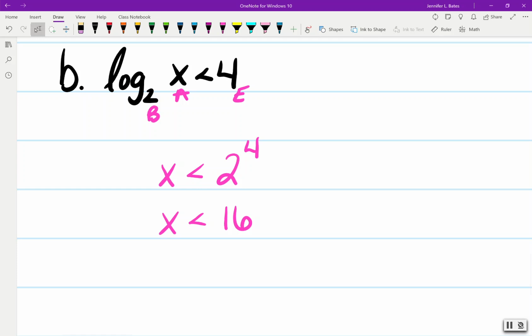Numbers less than 16. Is 0 a number that's less than 16? Yeah. Are negative numbers less than 16? Yeah. Is my argument allowed to be 0? No. Is my argument allowed to be a negative number? No. So we need to make sure that the argument can't be 0 and it can't be negative. So we have to tack on this extra piece.